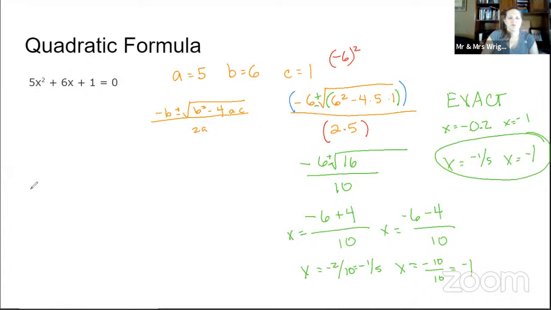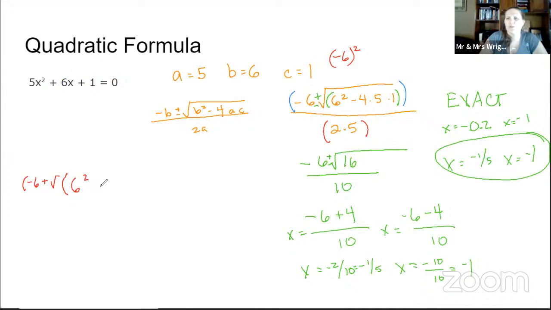So let me tell you how you would enter this into your calculator. You're going to have two equations, one with the plus sign right here in the middle and one with the minus sign in the middle. So you're going to do -6 plus square root, oops, I forgot. You have to start with your parentheses. Parentheses, -6 plus square root, parentheses, 6 squared.